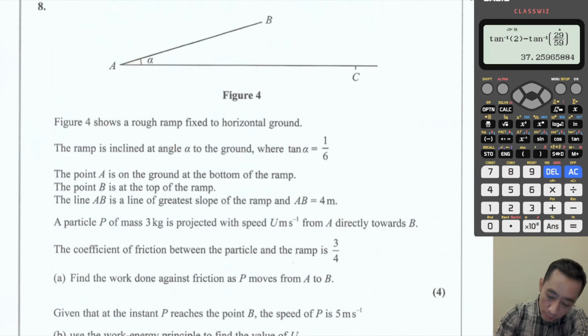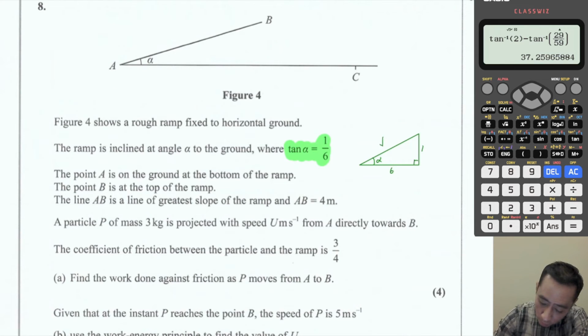Now, look at the information given here. So the meaning of tangent 1 over 6: if I have a right angle triangle, and this is alpha, tangent 1 over 6 means this is 1 and this is 6.